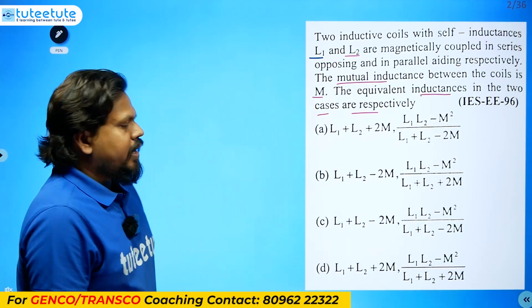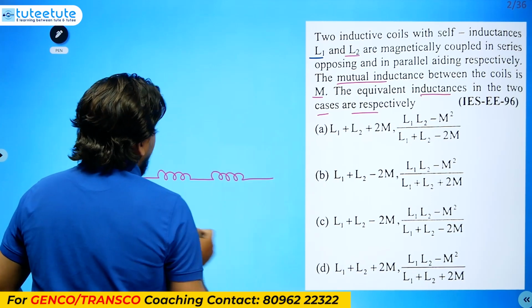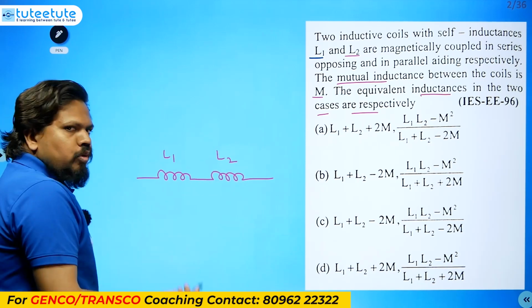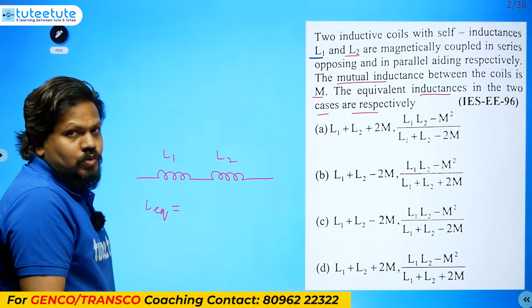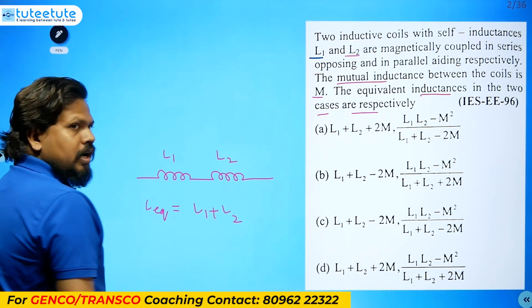If you connect two inductances in series like this, L1 and L2, generally if no mutual inductance is there, then L equivalent equals L1 plus L2 if you are connecting in series.